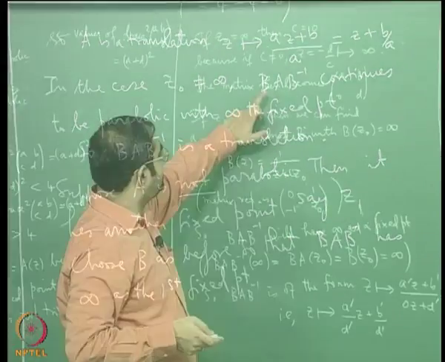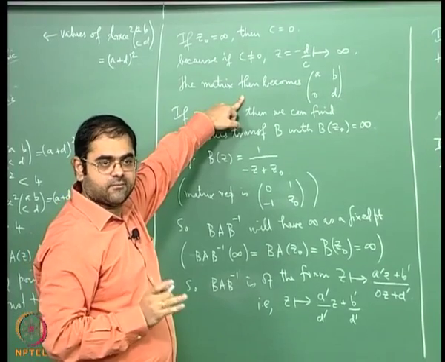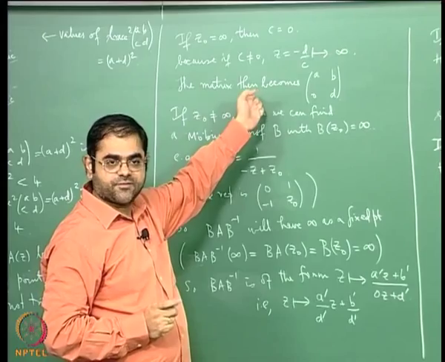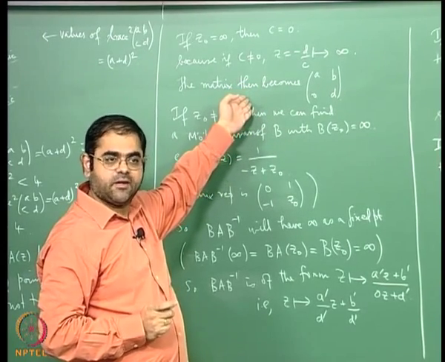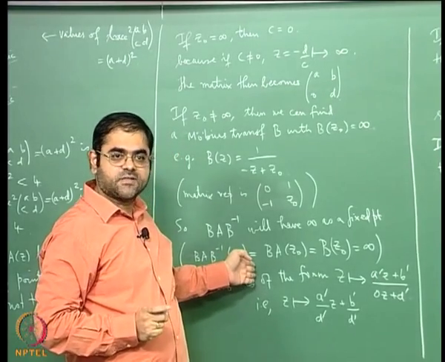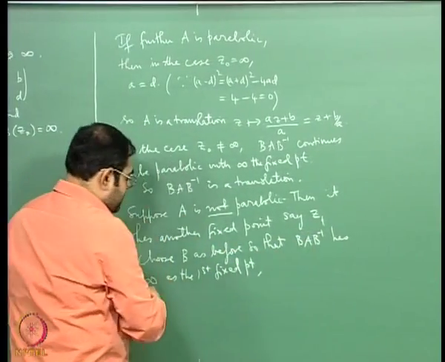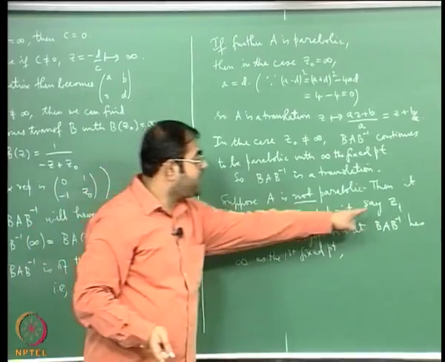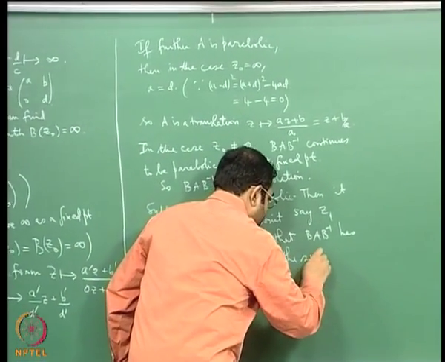And mind you, if the first fixed point is already infinity, I have to choose B to be identity because I do not have to conjugate at all. If the first fixed point is not infinity, then I have to conjugate so that it becomes infinity. So if I take B A B inverse, infinity will be the first fixed point, but now the second fixed point is changed to B of Z1.